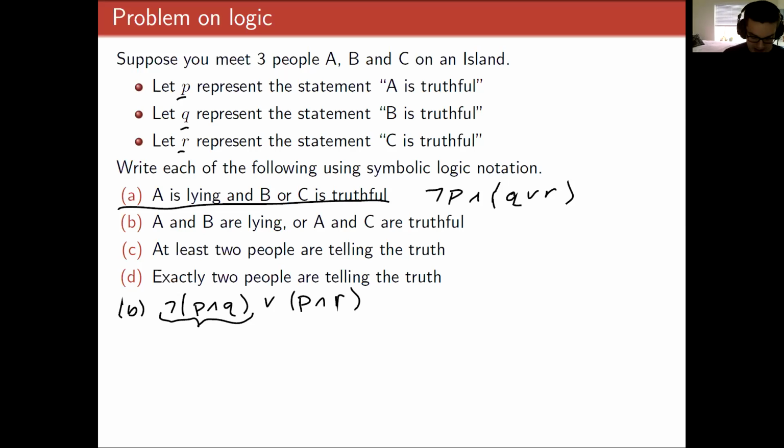But the statement we're asked is that A and B are both lying. So this isn't actually quite correct. It's very close. But what we want instead, and I'll explain why, is not P and not Q, or P and R.